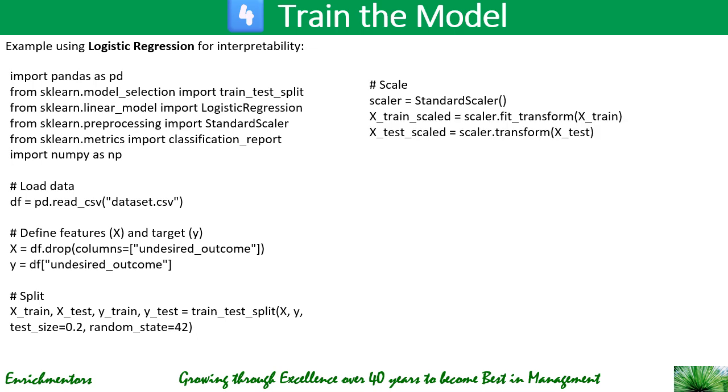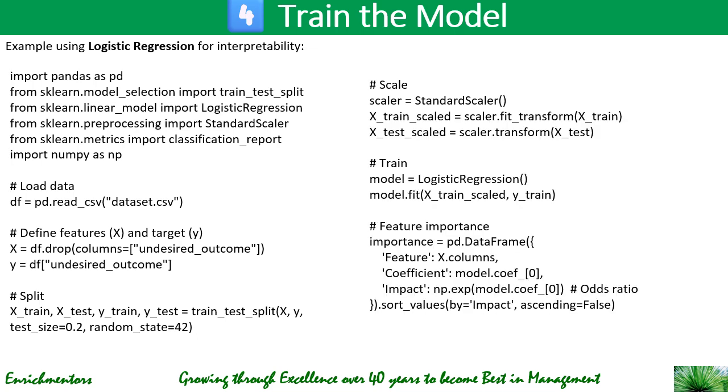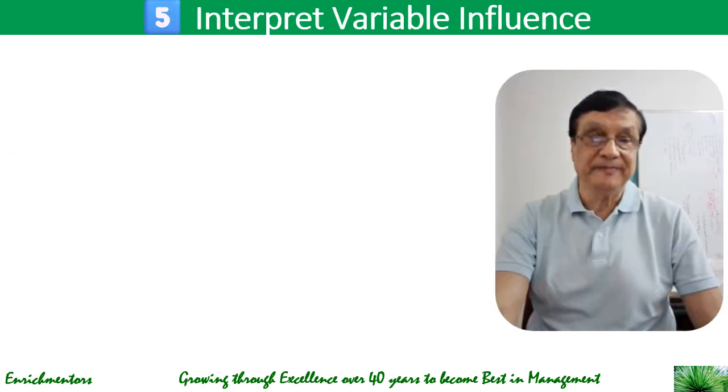Then you scale the data using a scaler. Then you train the model. Then you determine the feature importance. And finally, you print the importance of the model that you have trained, right? So that's an example of using logistic regression for training, for interpretability.